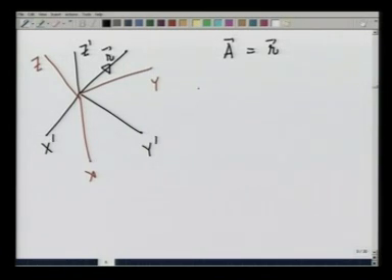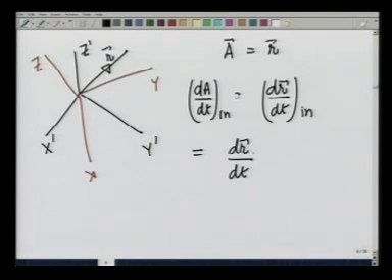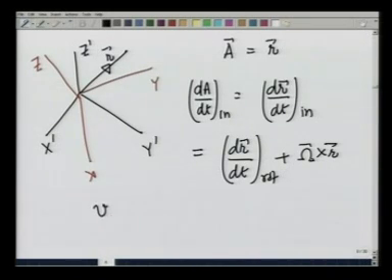Then dA dt in the inertial frame is going to be dr dt observed in the inertial frame, and this is going to be equal to dr dt as observed in the rotating frame plus omega cross r. dr dt in the inertial frame is nothing but the velocity of the particle as observed in the inertial frame, and this is going to be equal to the velocity of the particle as observed in the rotating frame plus omega cross r.